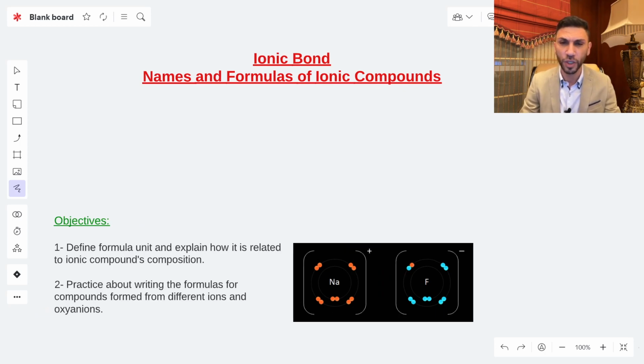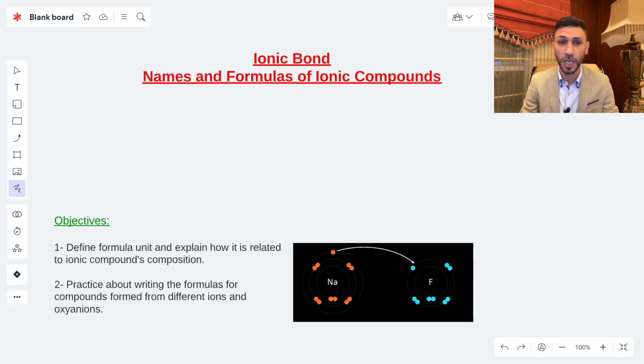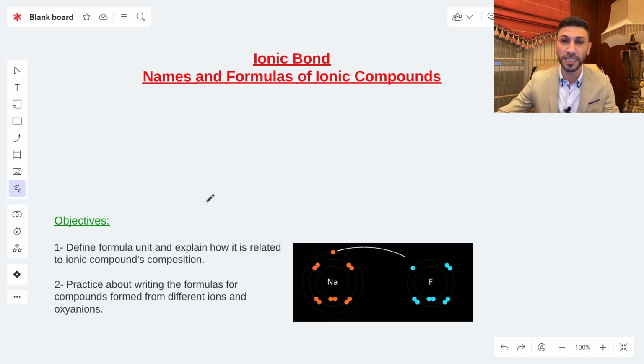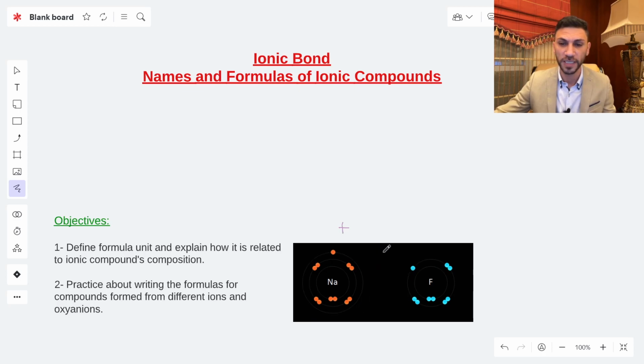In the previous video, we studied the formation of the ionic compound, how the ionic bond is formed. Basically, we had this example. For example, sodium has only one valence electron. It will lose this electron to become a sodium ion, which is a cation, a positive ion, as you can see here.